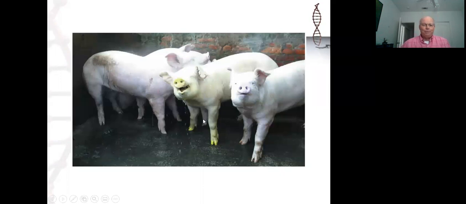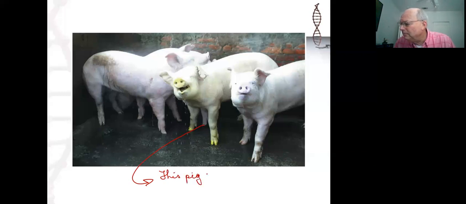So here's an example of taking advantage of the universality of the genetic code. And I'm going to draw an arrow from this piggy down here. Because this pig contains a jellyfish gene.